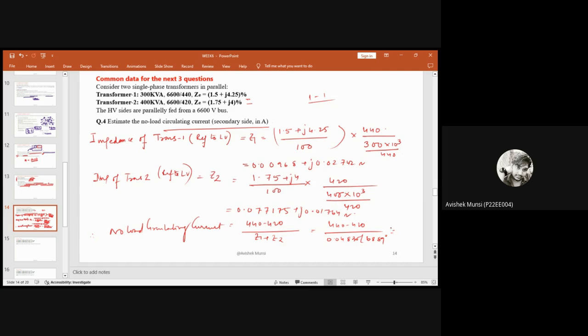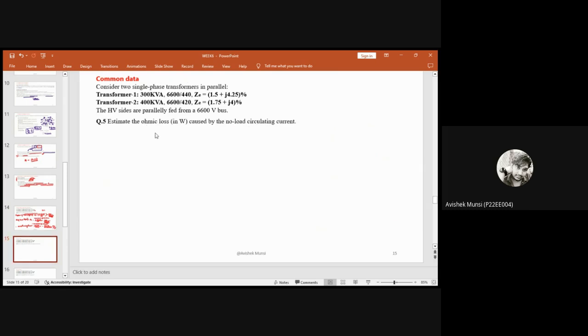Finally, the answer will be 4 at an angle of minus 68.89. This question has another part, to calculate the ohmic loss. So try it.